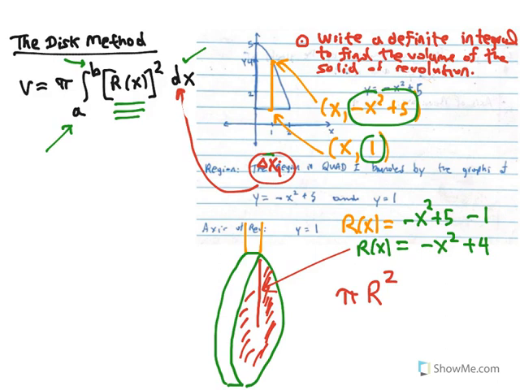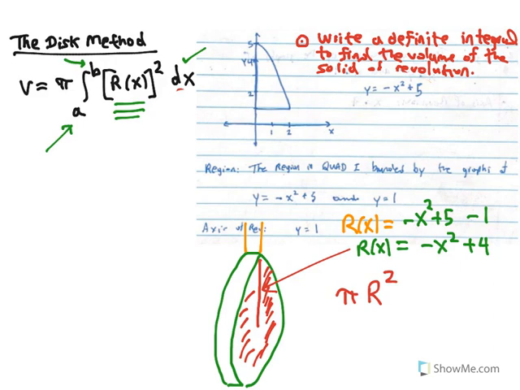What about the limits of integration? For the limits of integration, you've got to understand that you're going to be looking at this region in the xy plane and revolving it about the horizontal line y is equal to 1 to obtain our solid of revolution.